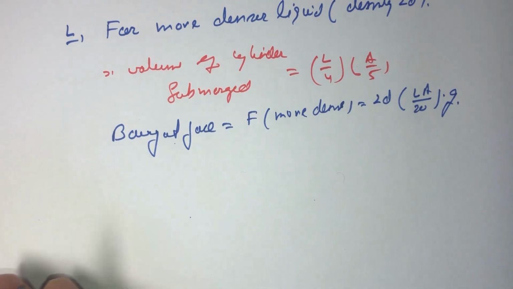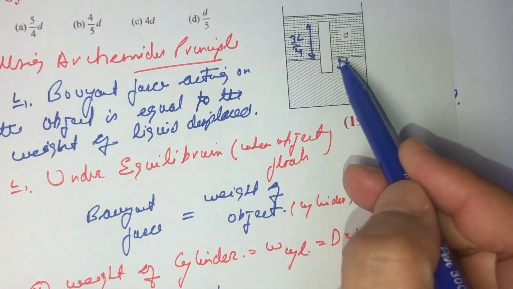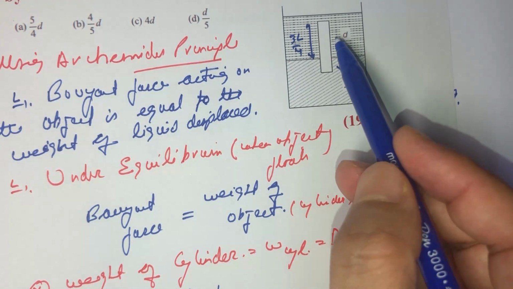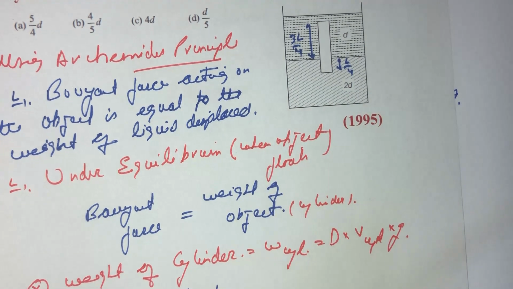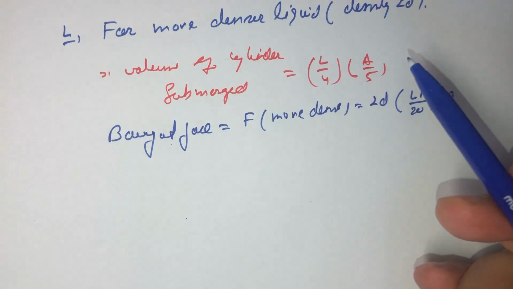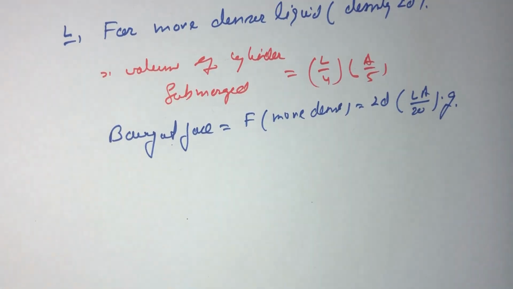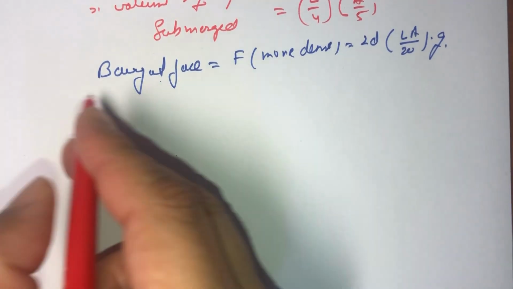So we found the buoyant force because of the more dense and the less dense liquid. Therefore the total buoyant force will be the summation of these two.